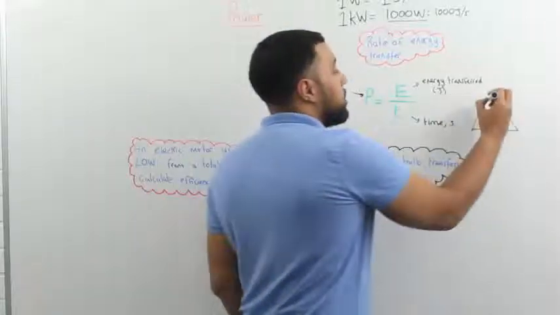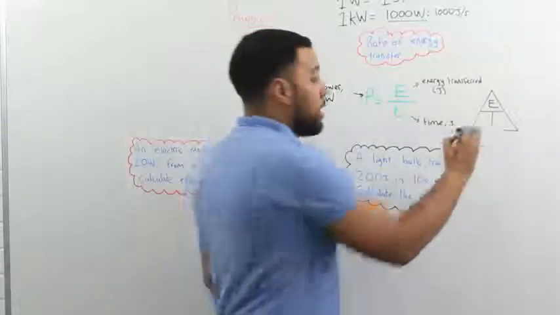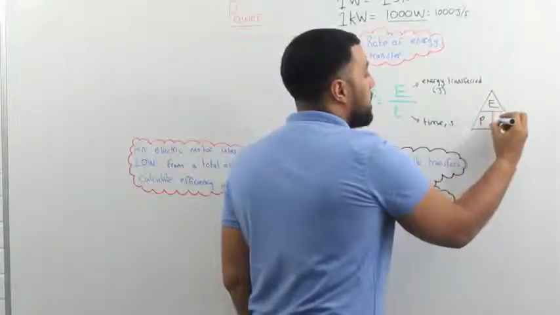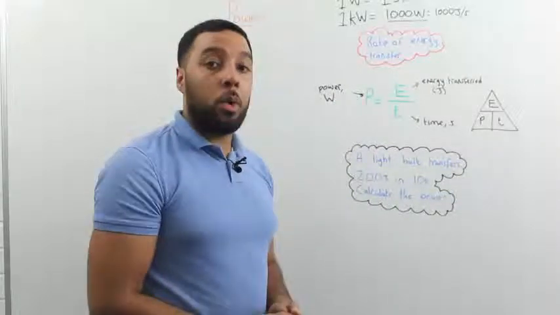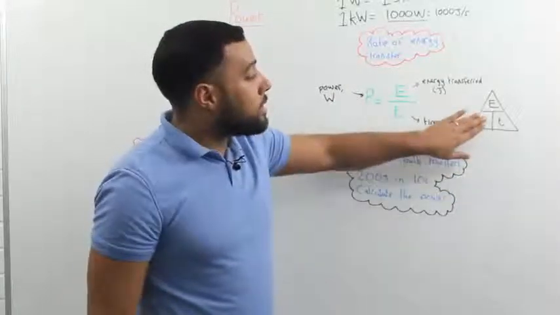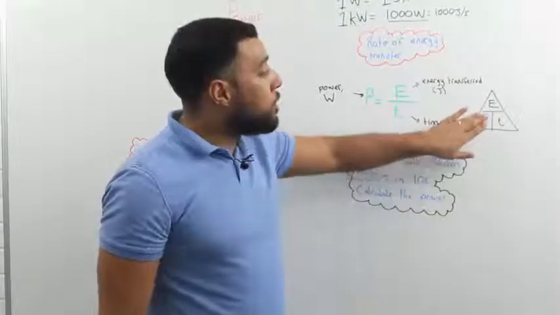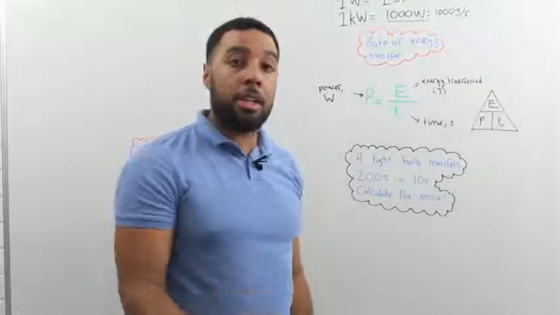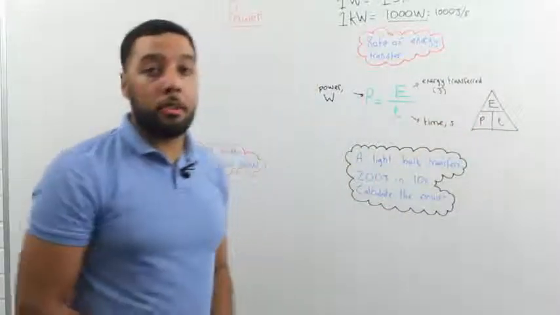In this equation, energy would go at the top, and power and time would go at the bottom. Again, for any questions, you could be asked to calculate any of these quantities, where you just cover up the quantity that you're trying to calculate and use the other two to get your answer.